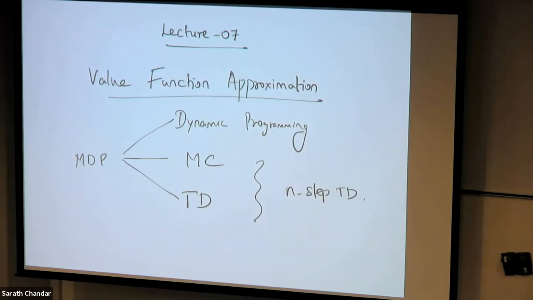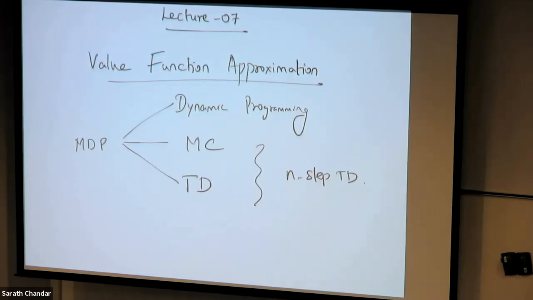Then in the last lecture, we started thinking about other problems that one would face while solving reinforcement learning. Specifically, we started with this one problem: what if I have a really large number of states? Most of the real life problems that we would face are going to have lots and lots of states.